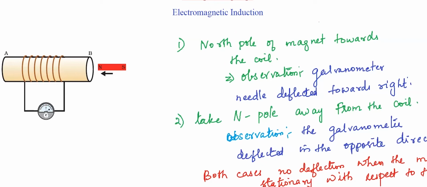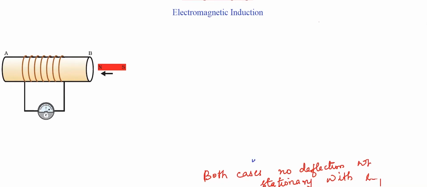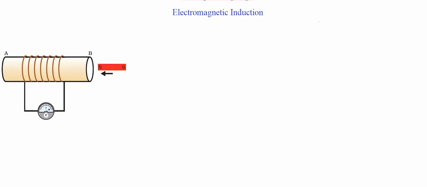Now in the second set of experiments, we keep the magnet stationary and try to move the coil. That forms the third experiment.